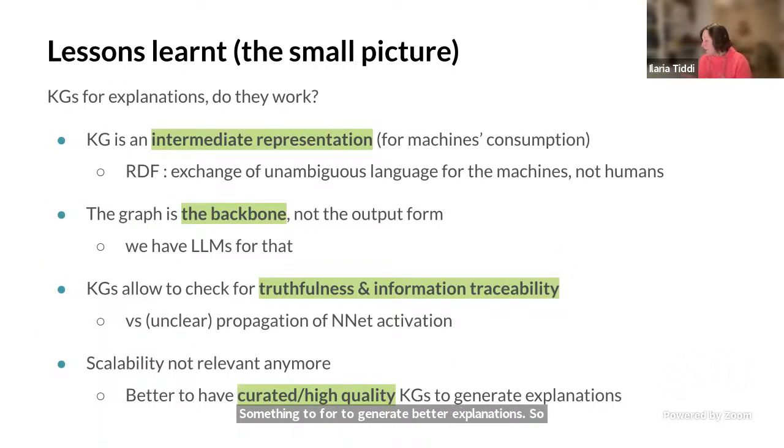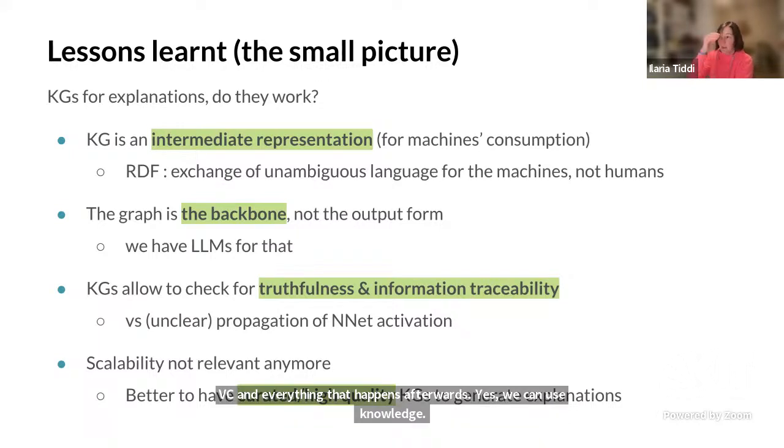So I want to conclude in the last few minutes and really think: if we now look at knowledge graphs and whether they're useful to generate explanations, and whether they actually work, what is it that we learned? Based on the PhD and everything that happened afterwards, yes, we can use knowledge graphs, but they are mostly an intermediate representation.